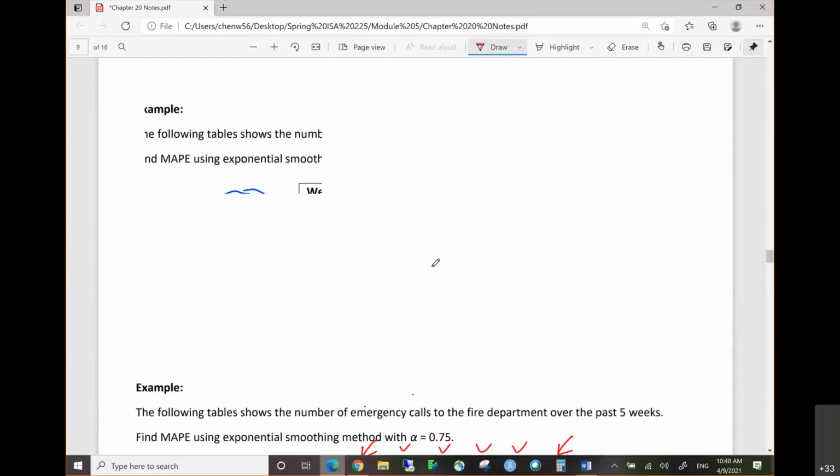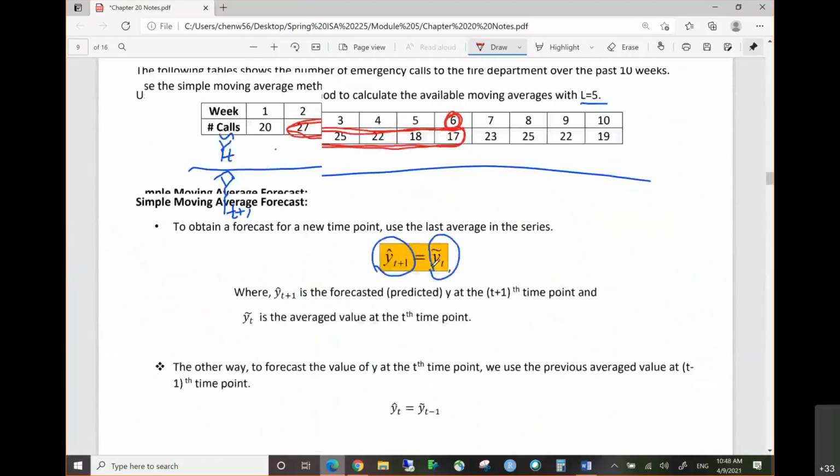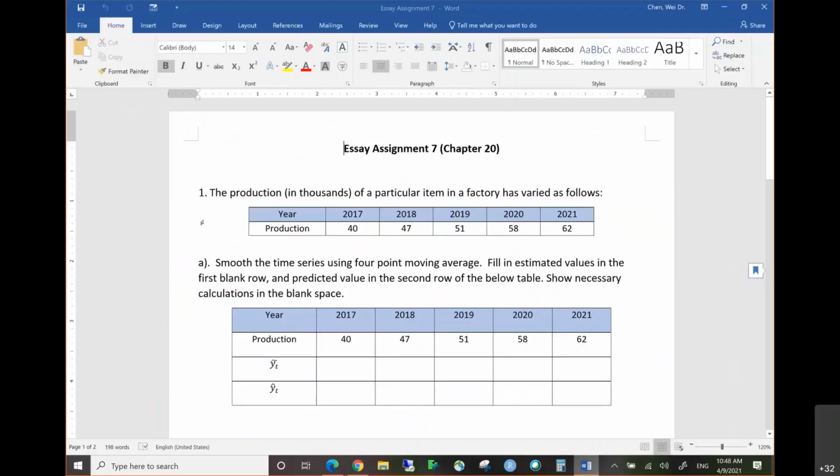First you will have the simple moving average. Actually you have this time series, and based on this time series you need to use a 4-point moving average.